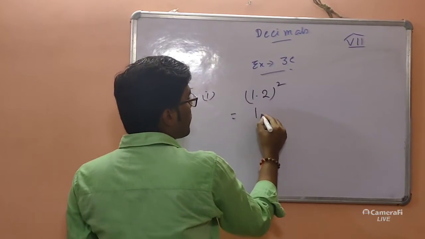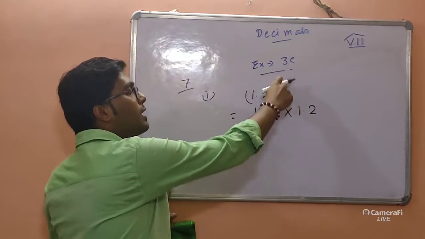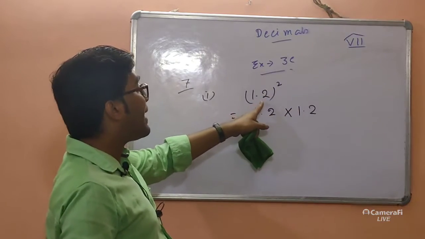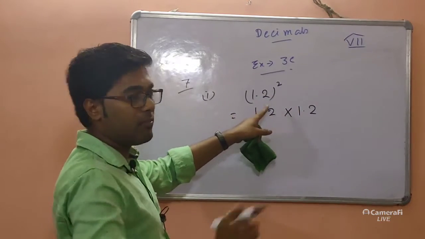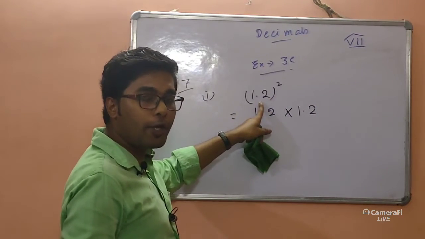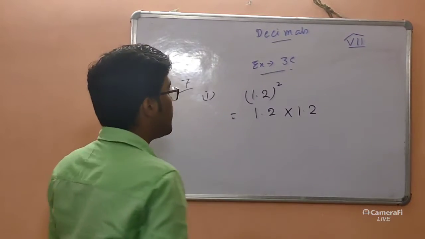What does it mean? It means 1.2 into 1.2. Whatever is the power, we will multiply this that many times. So the power is 2. That means we will multiply 1.2 two times, that means 1.2 into 1.2.